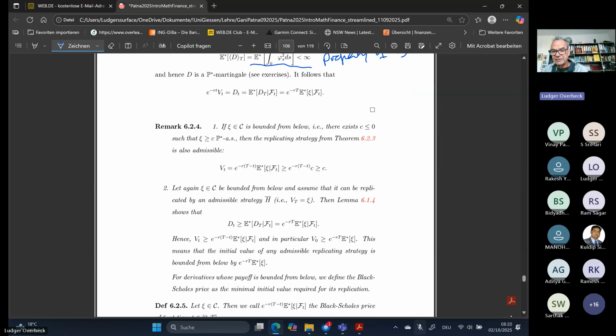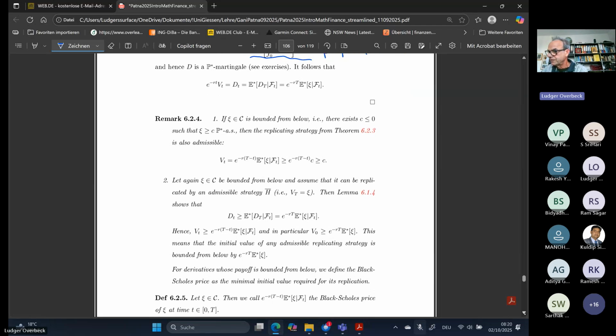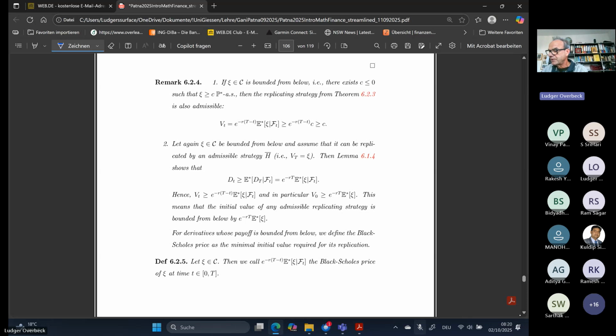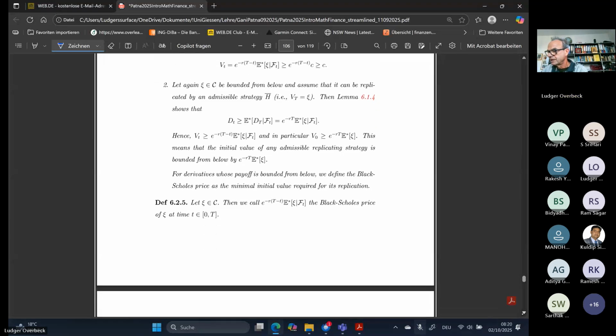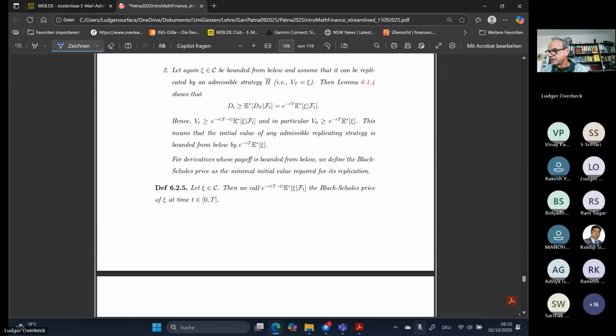This means if we have derivatives, in the language of mathematical finance, which are bounded from below, then we define the Black-Scholes price as the minimal initial value required for its replication. So this is the Black-Scholes price, the discounted value at time t equals 0.